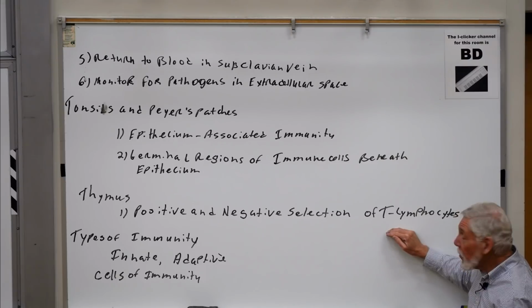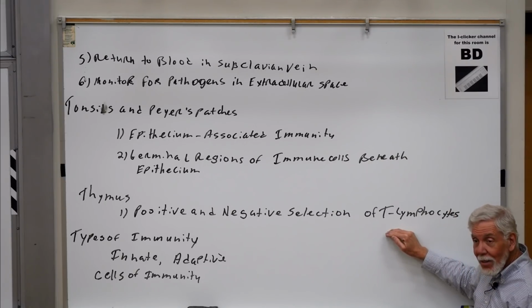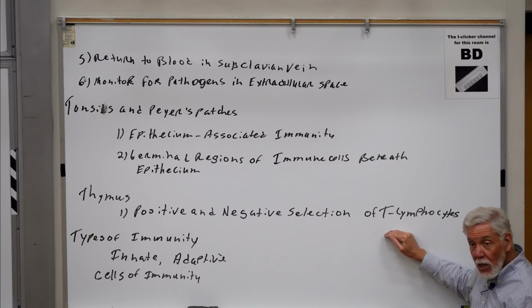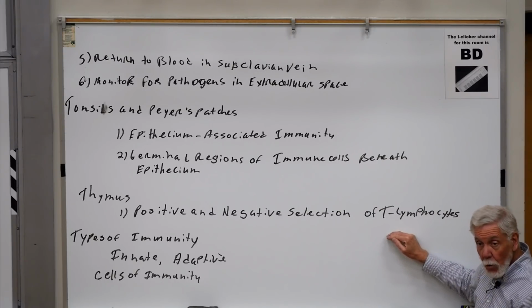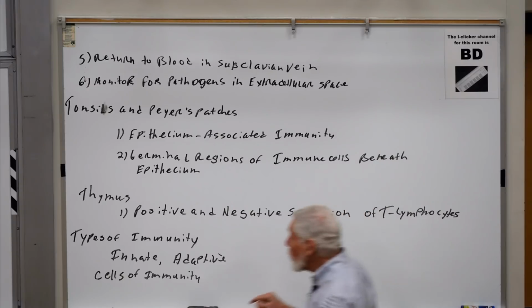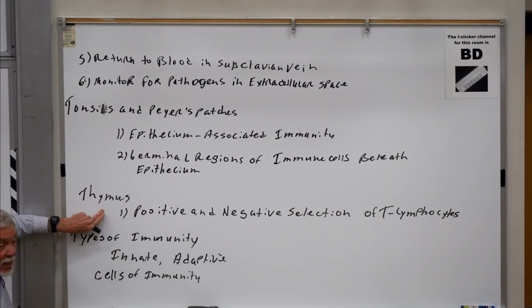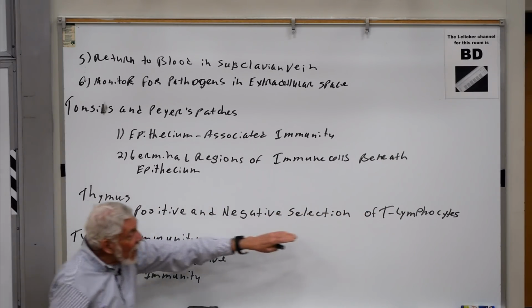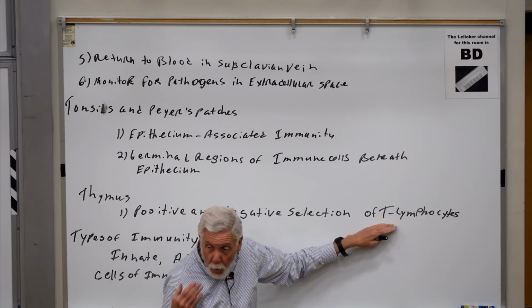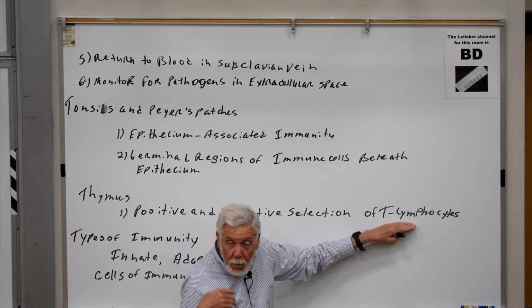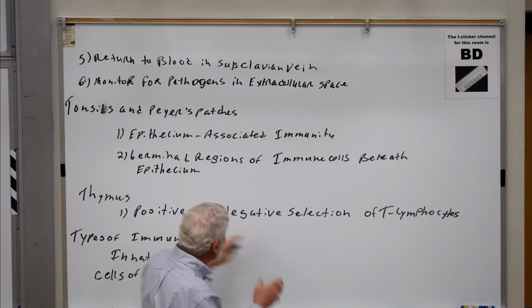So these T lymphocytes, if they mistarget the protein and start to target proteins on our own cells, can be lethal to us and we have an autoimmune disease. So one of the major things the thymus does is it encounters naive T lymphocytes that have been born in the red bone marrow and moved to the thymus.